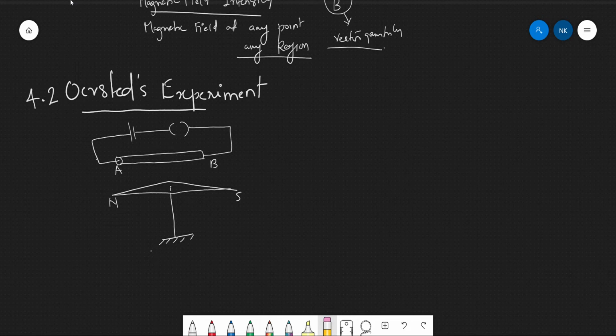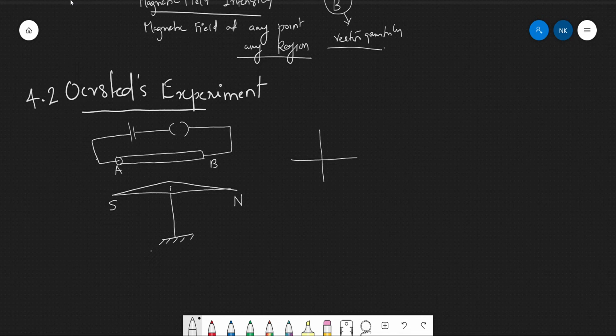Let me change the polarity here. This is south and here this is north. It's clear that the key is not closed, it's open.